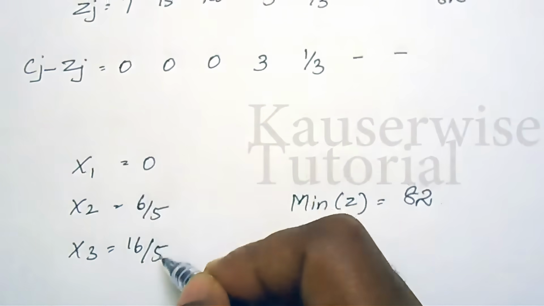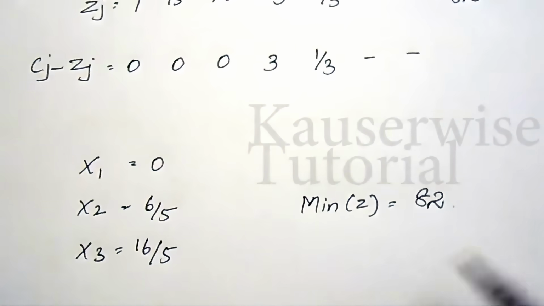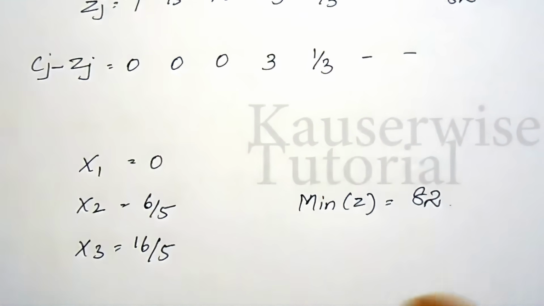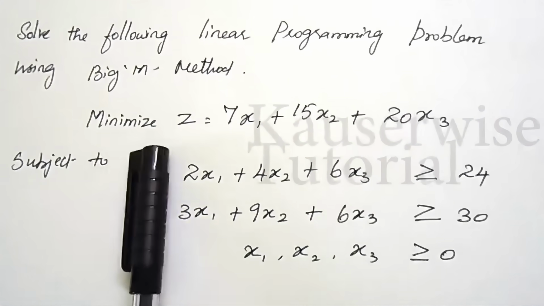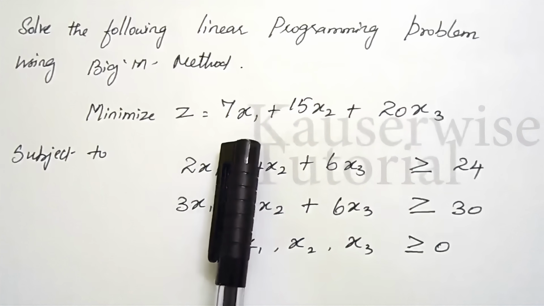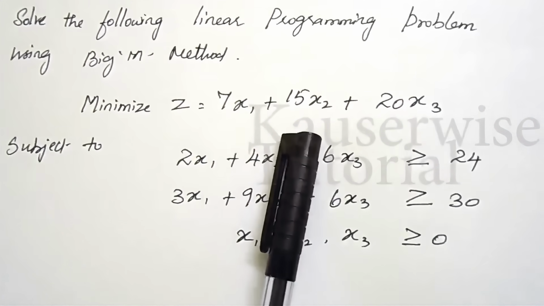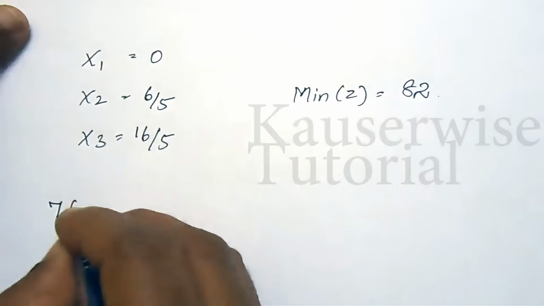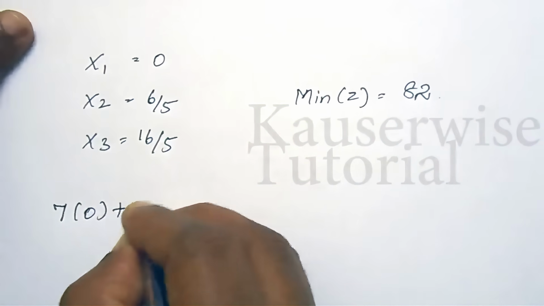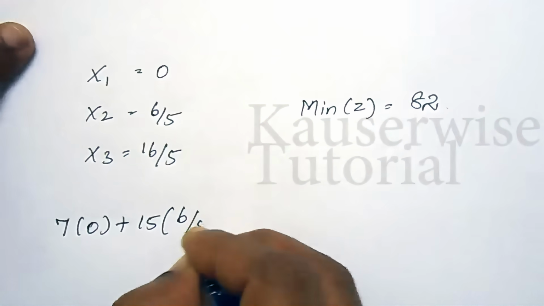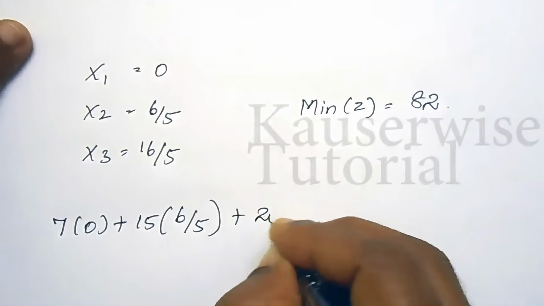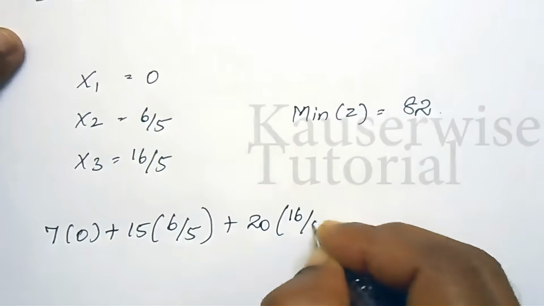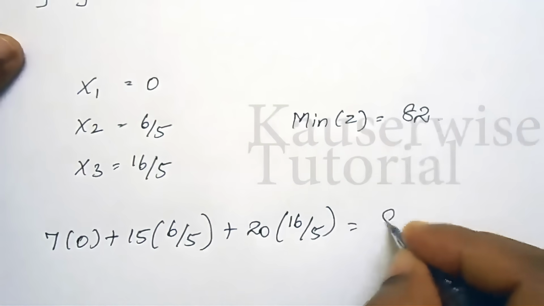Now apply these values in the objective function to verify the solution. Look at the objective function. Minimization z is equal to 7x1 plus 15x2 plus 20x3. 7x1 is 0, plus 15x2 is 6 by 5, plus 20x3 where x3 is 16 by 5, is equal to 82.